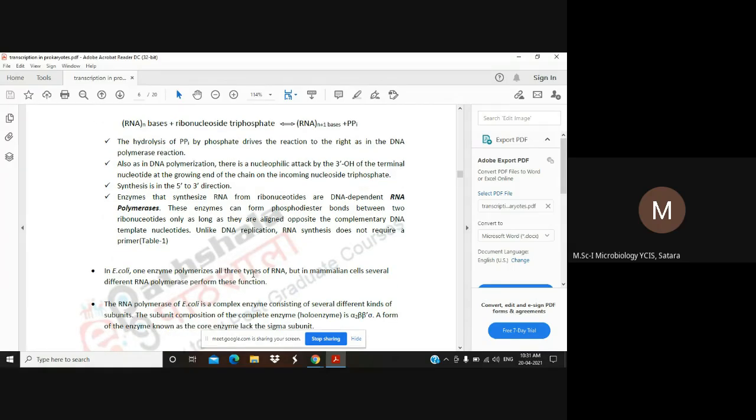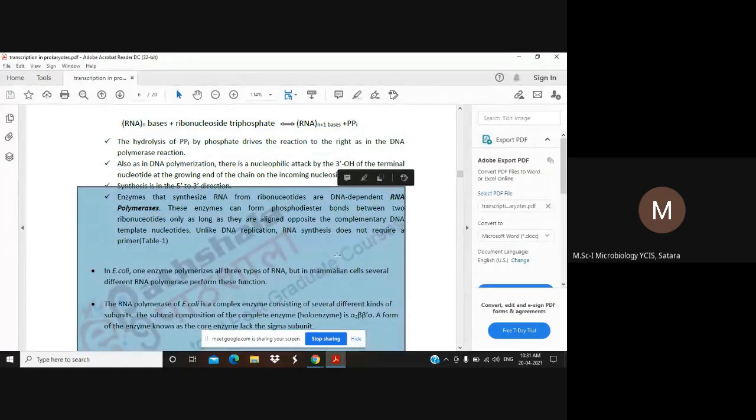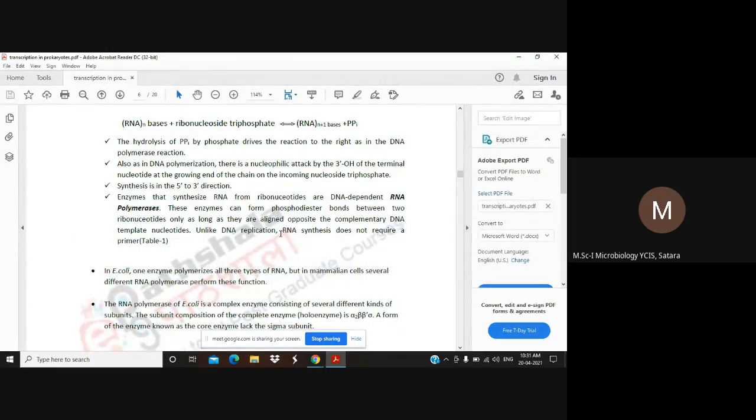So in RNA synthesis, one more thing is there, that is, RNA synthesis does not require a primer. DNA replication requires a primer, while RNA synthesis, that is transcription, does not require a primer.